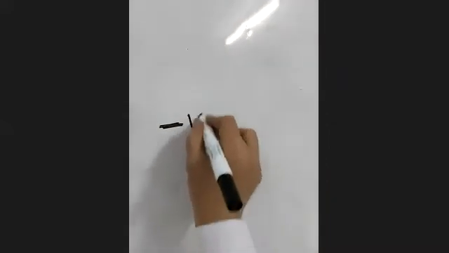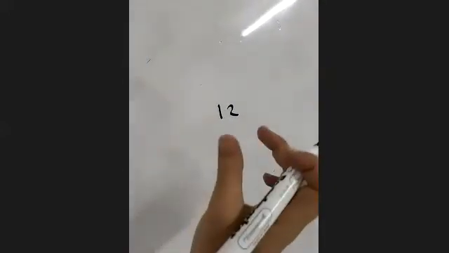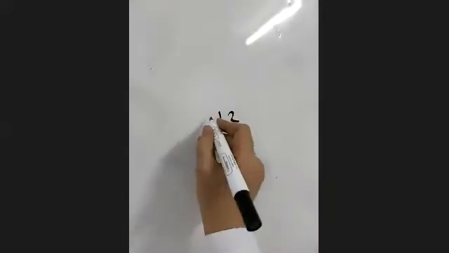Now, if I want you to write the number negative 12, you need to put the negative sign. This is important. But if I want it positive, you can write it like this, it's considered positive, or you can add the positive sign in front of it.